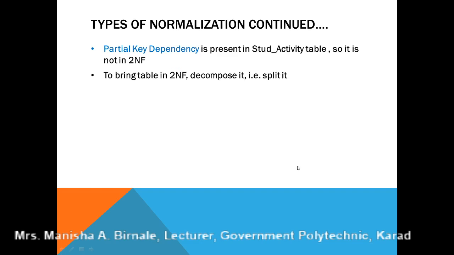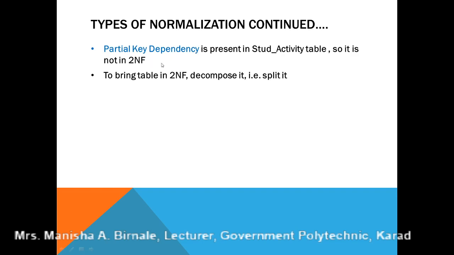So here partial key dependency is present in the student activity table. Partial key dependency means our primary key is roll number comma activity code, and roll number is called a partial key. It is a part of the primary key, and on that partial key dependency is present. So when partial key dependency is present, then the table is not in second normal form.